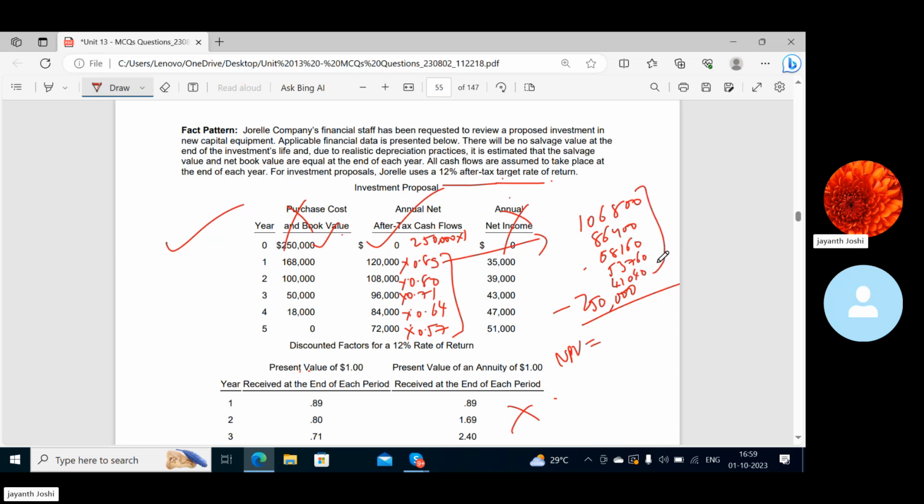So when you add all this, what's the answer? 3,56,160.